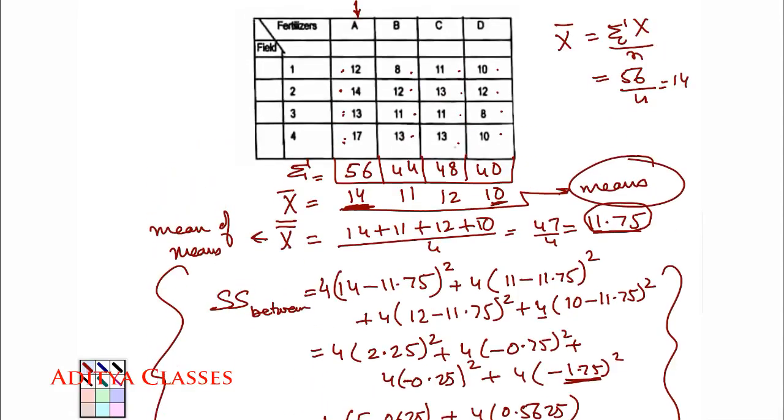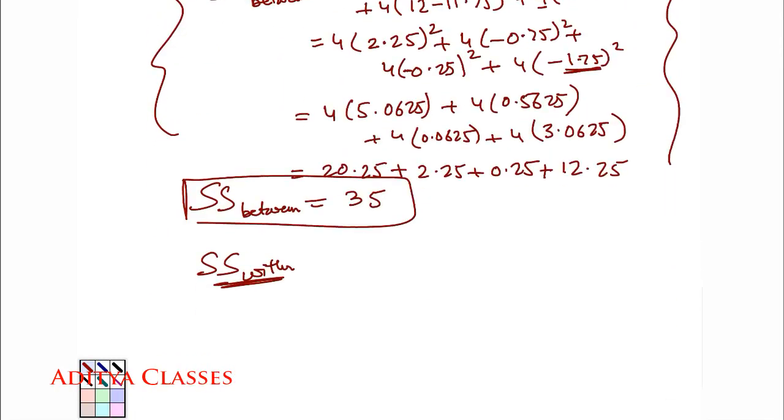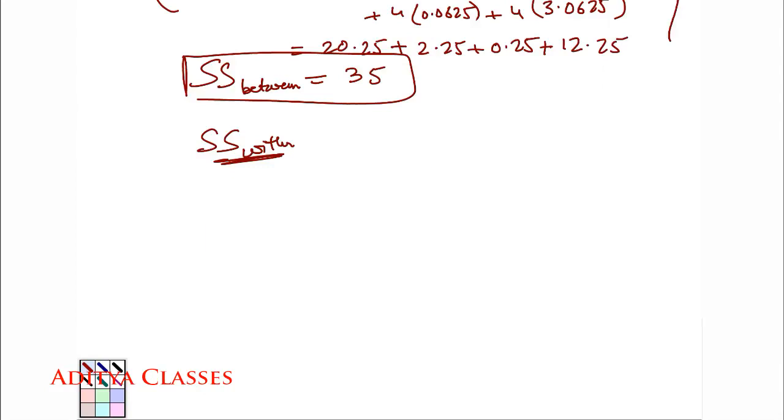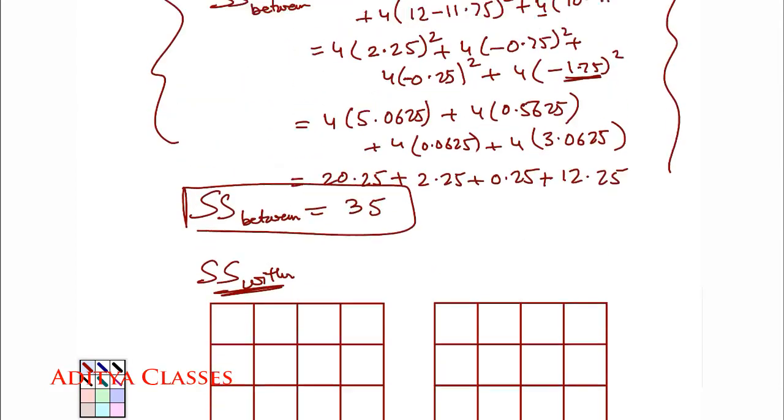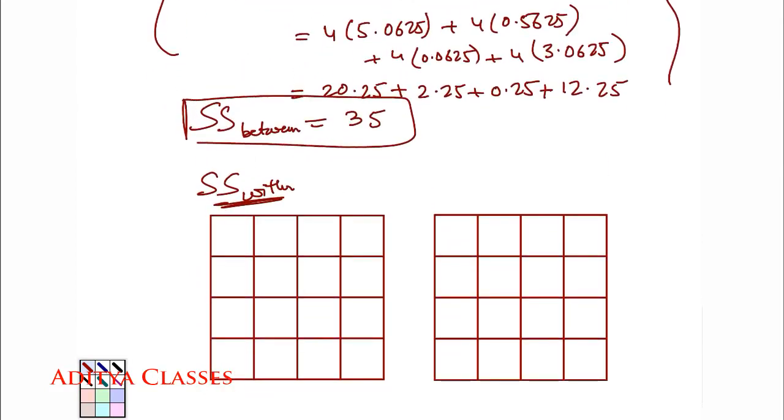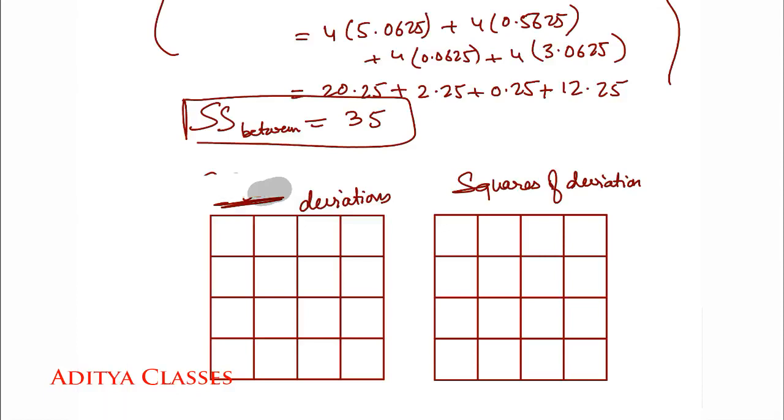That procedure is, make a new table, and what we'll do is, we'll call these deviations and we'll call these squares of deviation. Now how do we get these deviations? We are calculating SS within.